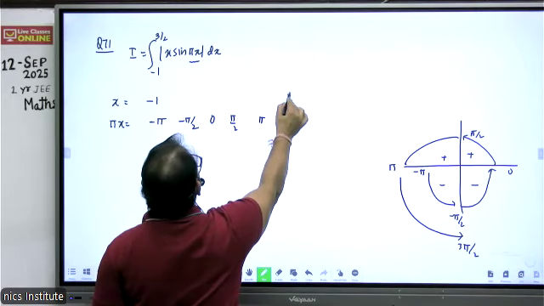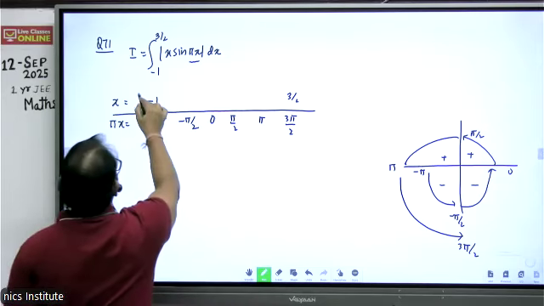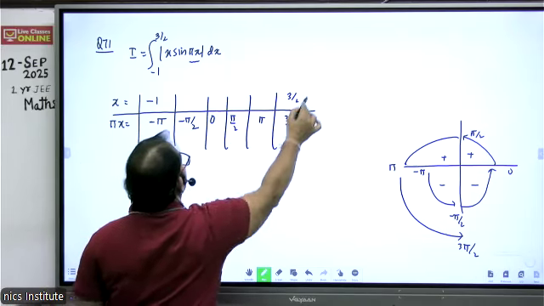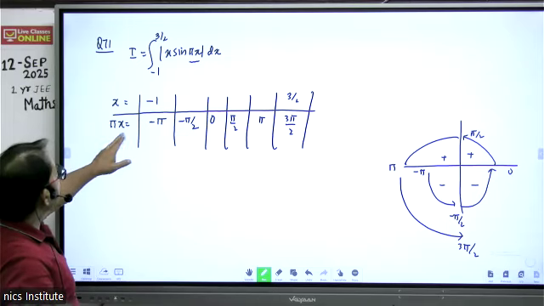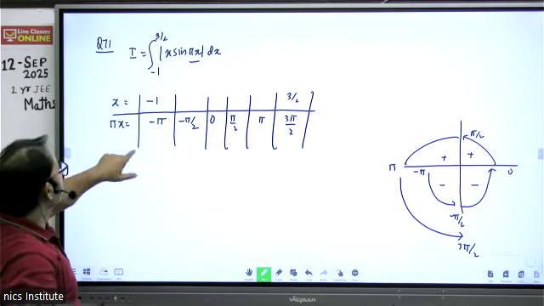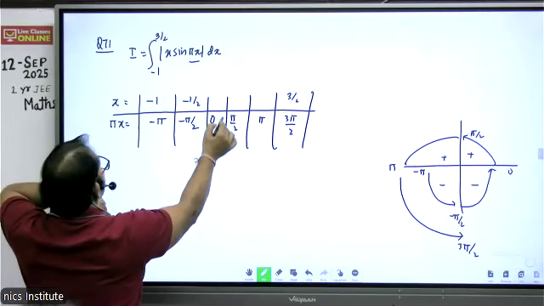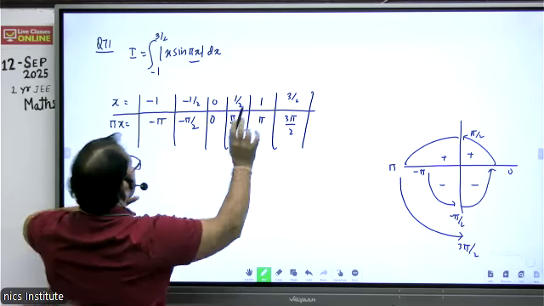This is x. So when x is minus 1, pi x would be like this. So if pi x is minus pi, x would be minus 1. When pi x is minus pi by 2, x would be minus half. This would be 0. X would be half. X would be 1, like this.